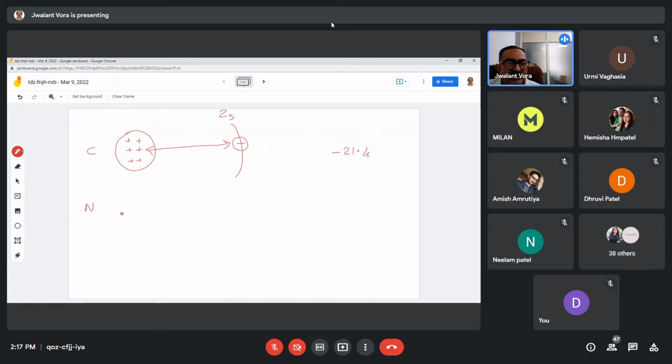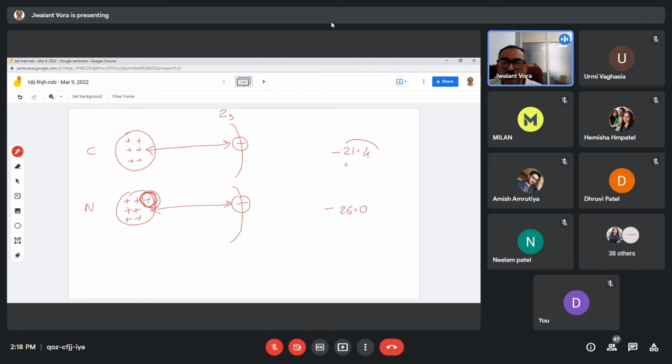Now for the nitrogen atom, the atomic number is 7. So one more proton is there. Here we are talking only about 2s. So here forces of attraction will be comparatively more, and here it is 26.0.